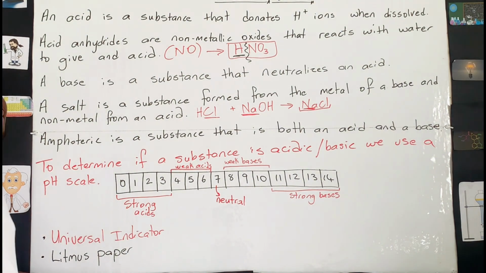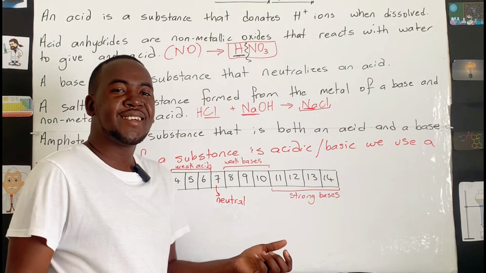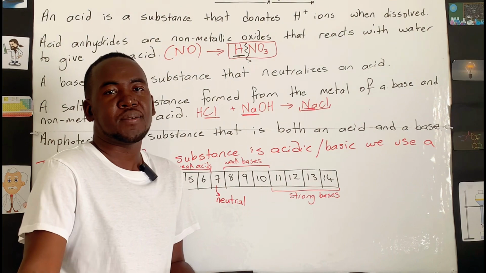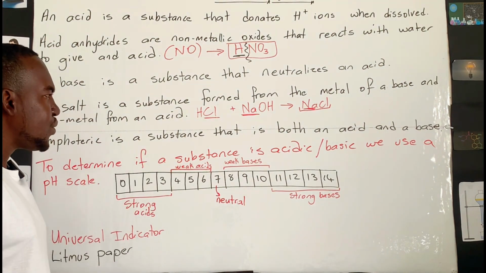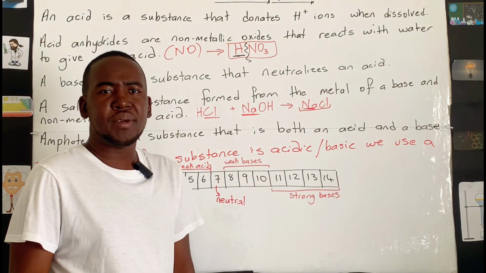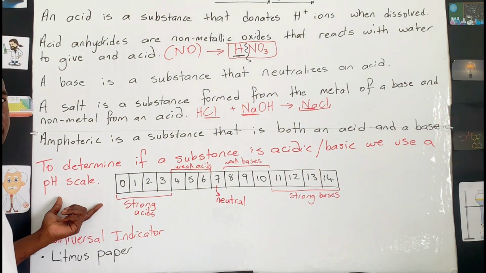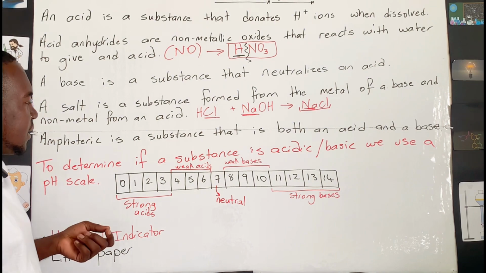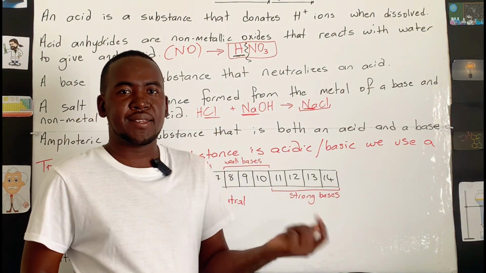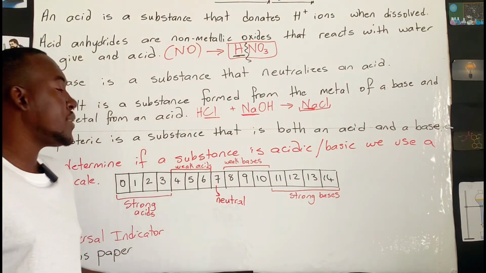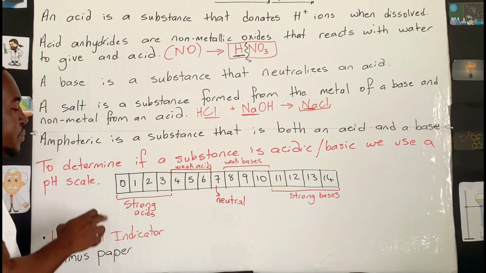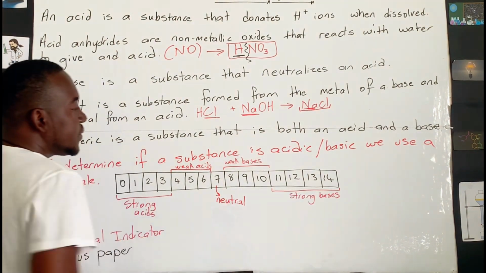Now, how can we know if a substance is acidic or basic? We use basic information which we call the pH scale. A pH scale classifies whether a substance is acidic or basic. It's a range of numbers from 0 to 14.